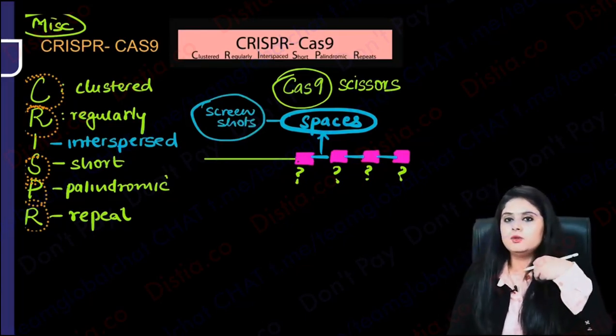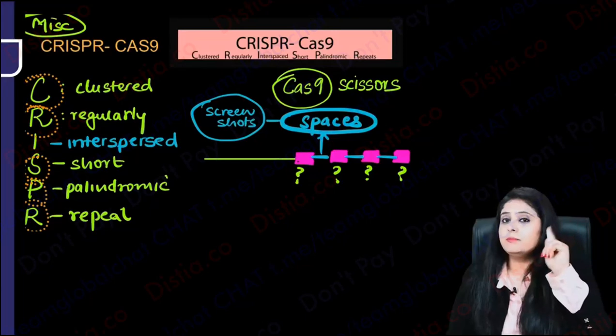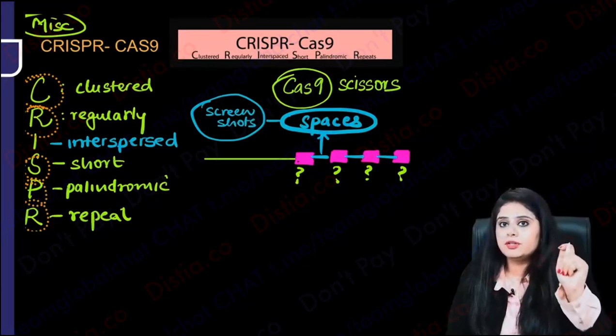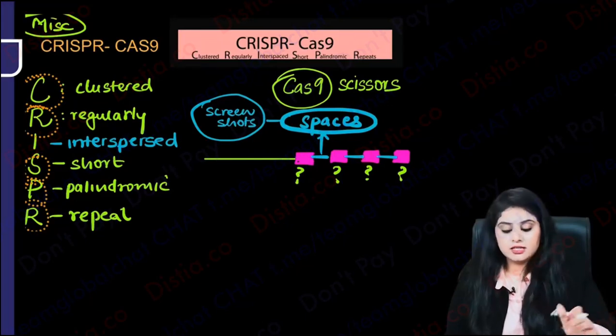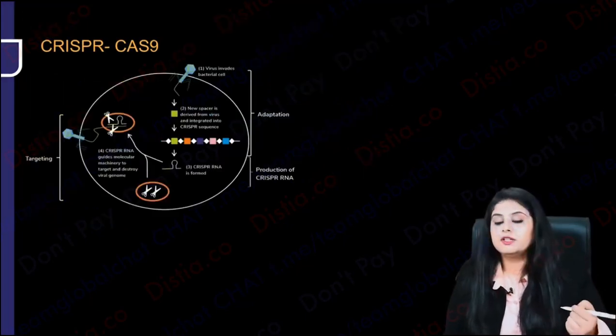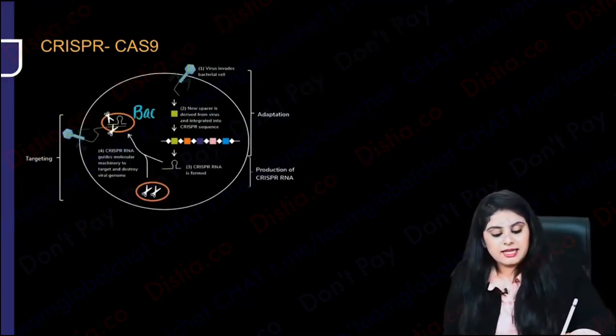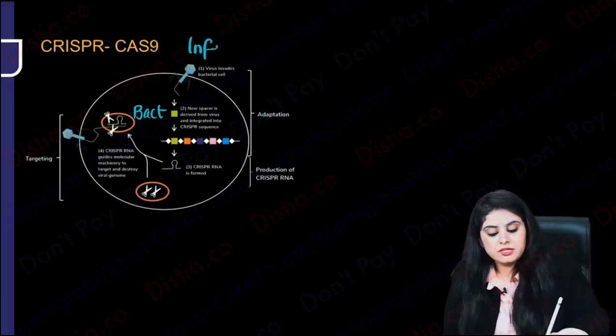If COVID entered into our body, did my body remember it? It kept a memory that this is the COVID virus, and if it comes again, I have to protect. If a bacteria comes, do you keep memory of an infection? Similarly, this is a bacteria and this time it has been infected with a virus.